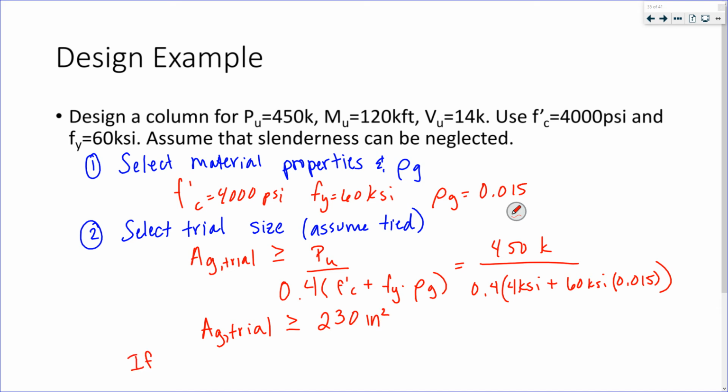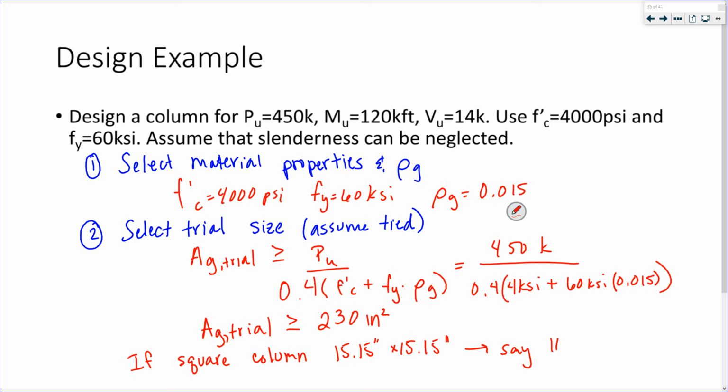If we use a square column, we just take the square root of the answer, 230, and you get 15.15 by 15.15. We need to be a little bit bigger than that, so round up.